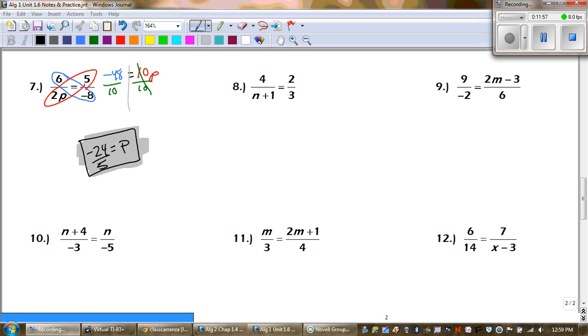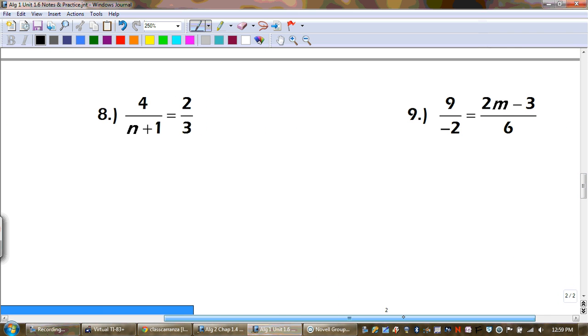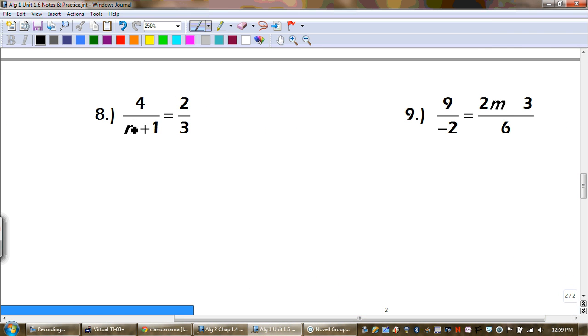Now, let's look at 8. I'm going to zoom in really good on this one. Now, the only difference here is we have n plus 1. And what we want to do is put that inside the parentheses so we don't forget about it. Okay? So when we multiply now, we get 4 times 3, which is 12.